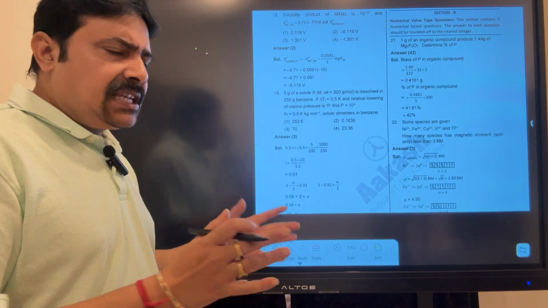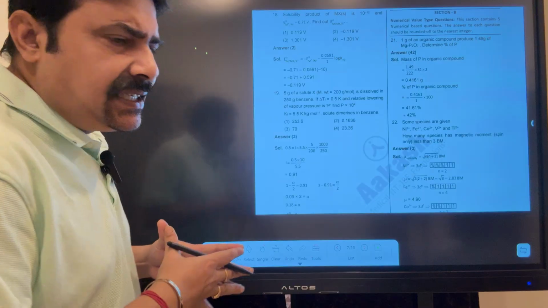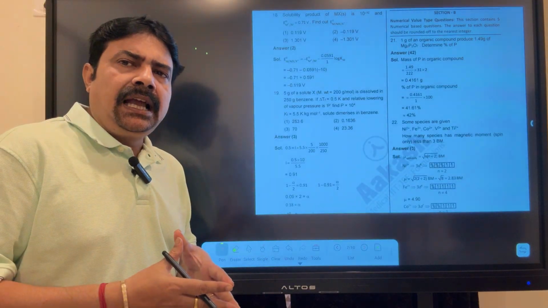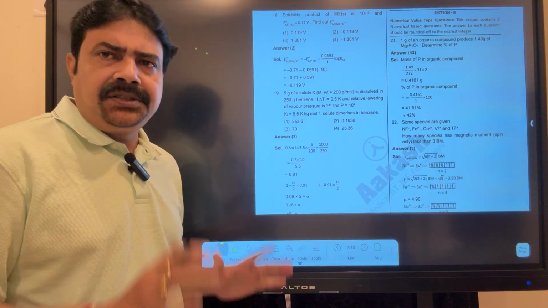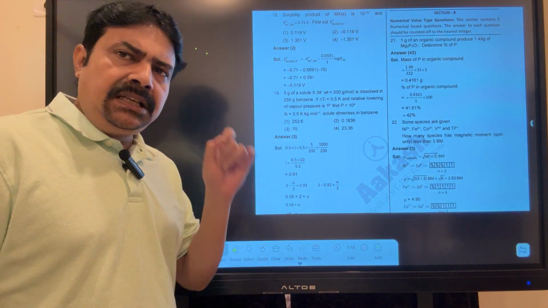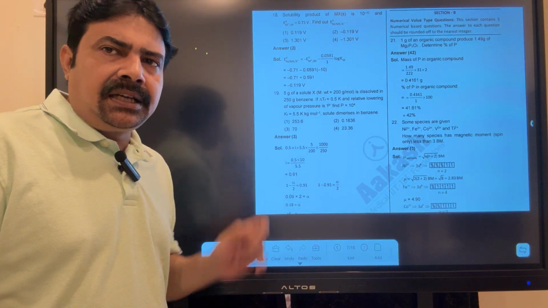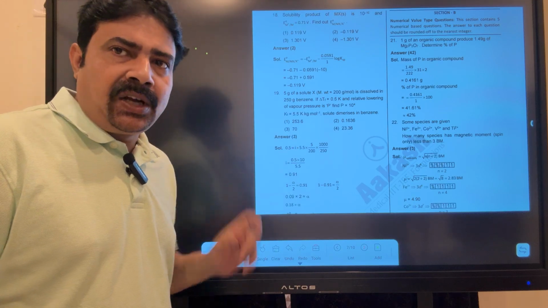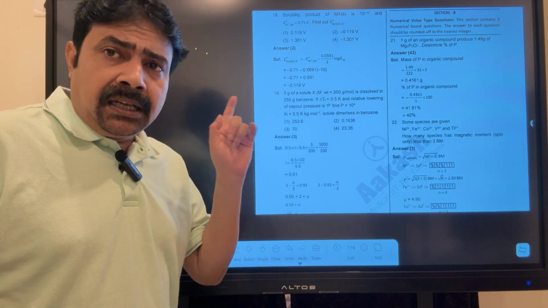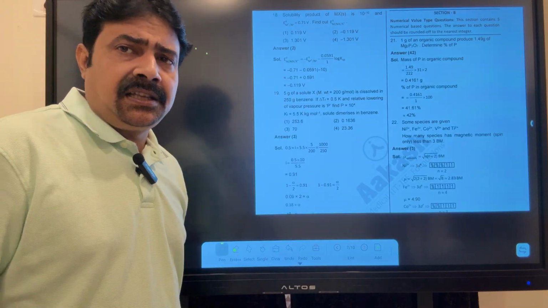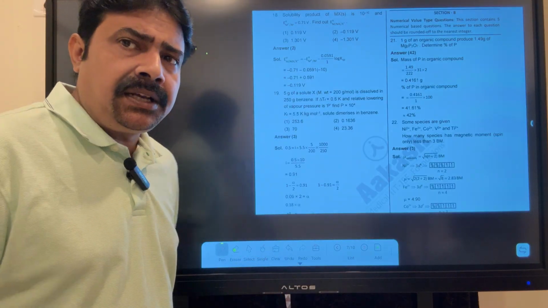So this chapter deals with nothing but interconversion of chemical to electrical as well as electrical to chemical, as simple as that. For the conversion of energy you need a device. Galvanic cell is that device which can convert chemical energy to electrical energy, whereas electrolytic cell is that device which will convert electrical energy to chemical energy, due to passage of electricity, chemical reaction taking place.